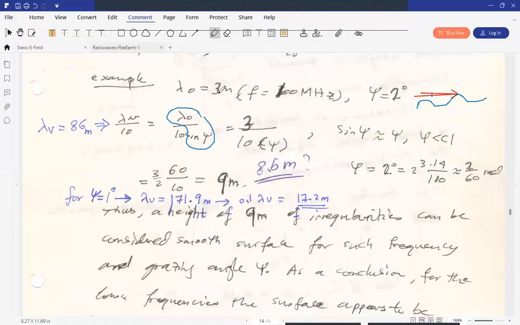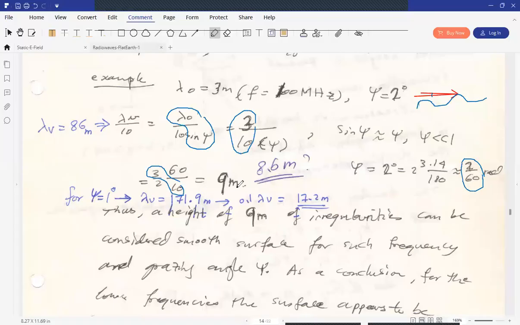So lambda naught is 3 meters and 10 is as it is, and for sin psi we put psi because psi is very small. So we convert it to radians, it will be 2 over 60 rather than 1 over 30. So here it will be 3 over 10, and the angle is 2 over 60, and we get 9 meters.